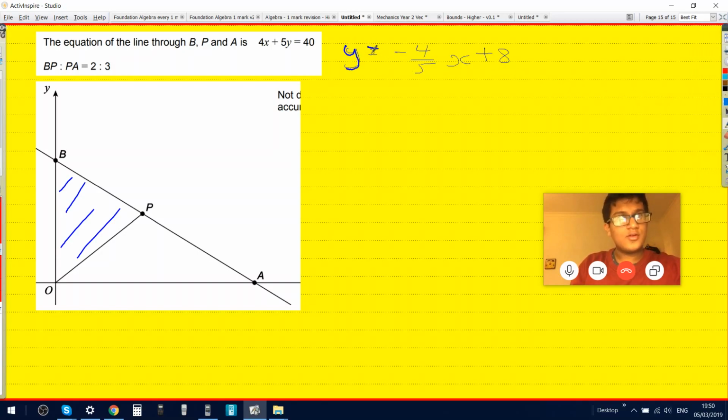That's at the origin, isn't it? Yeah. BP to PA is 2 to 3. You could say that's 2/5 to the whole 3/5. Sorry, B to P is 2/5, and then P to A is 3/5.